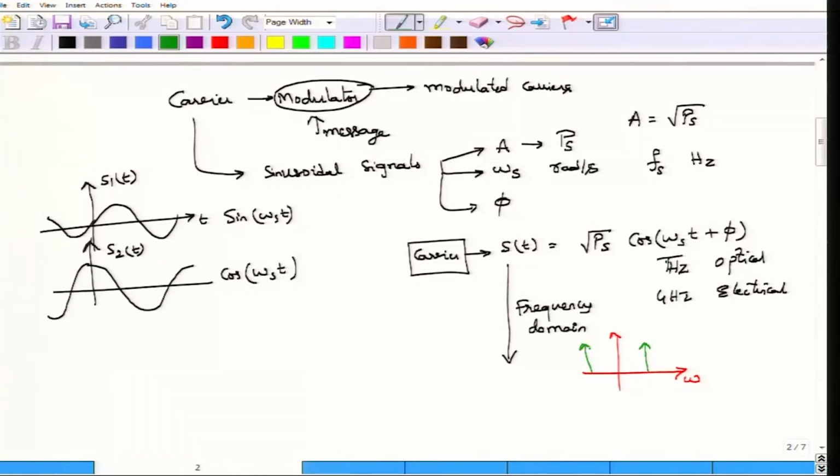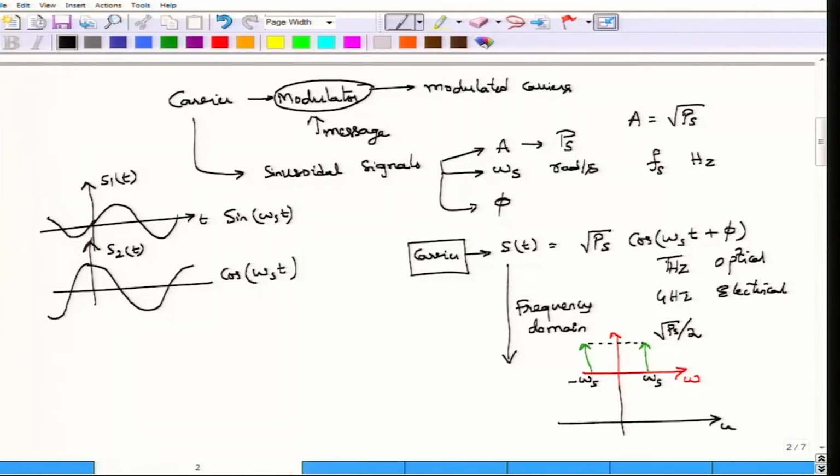Here you have two delta functions situated at the signal frequency omega s and minus omega s. Remember, this is a real signal, so it will have a two sided spectrum. There are certain amplitudes to this. This amplitude is square root of Ps divided by 2. It is the same amplitude for both sides, and there is a relationship for the phase as well.